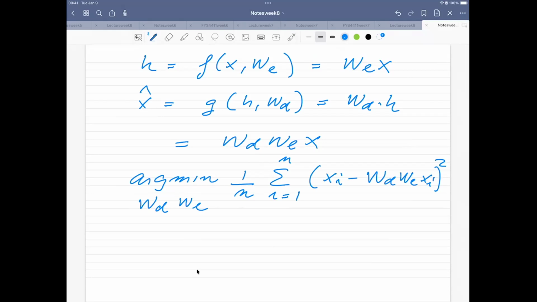And you can make an autoencoder which looks like this. There is no problem. But this links directly with linear principal component analysis. And this is why we can catch two birds with one stone. And you can see that when we do a principal component analysis, which in principle is a dimensionality reduction approach, then we can think of this reconstruction error as a way to find the essential degrees of freedom.